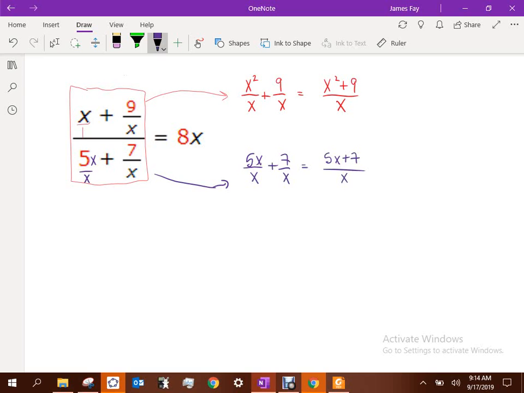Like so if you had 5 plus 7/3, something like this, what we started with? Because that's all x is, a number. Wouldn't you need to make that a 3 there and this a 15 up top? That's all I'm doing right here. I'm multiplying by an x over x so that I can condense those 2 fractions into the 1 fraction.